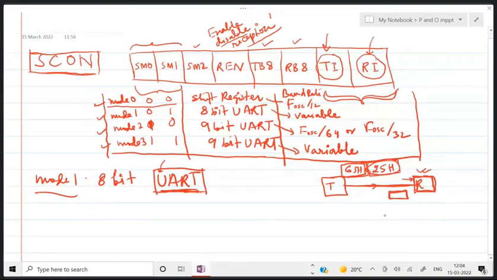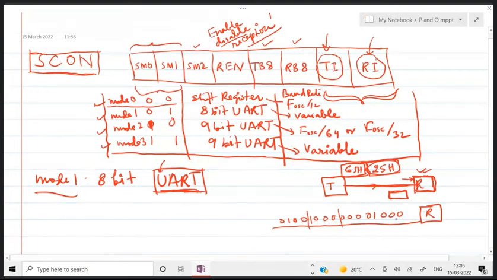Say, for example, let me take an 8-bit data, and then another 8-bit data, being received by R. Before this was sent, R was high. By default, the receiver pin is high.